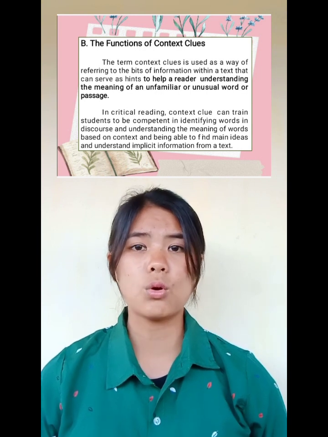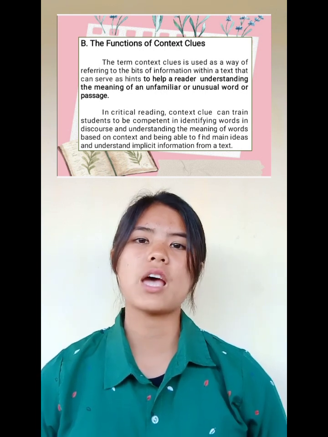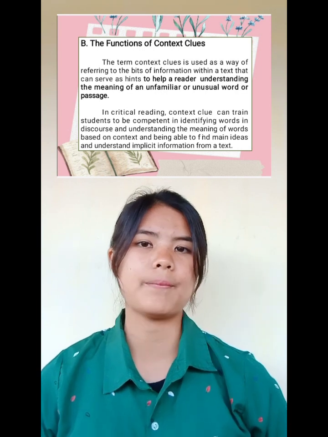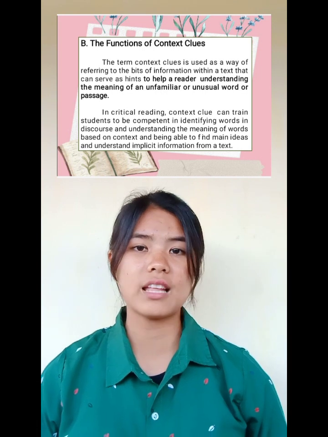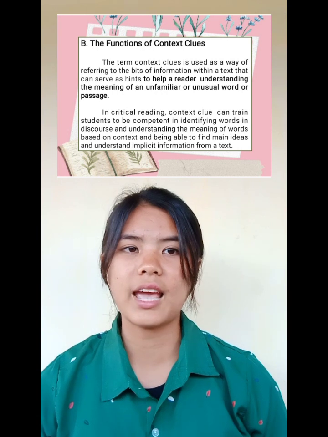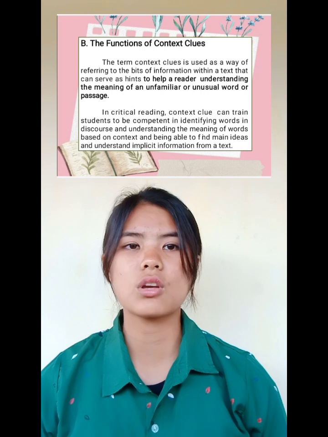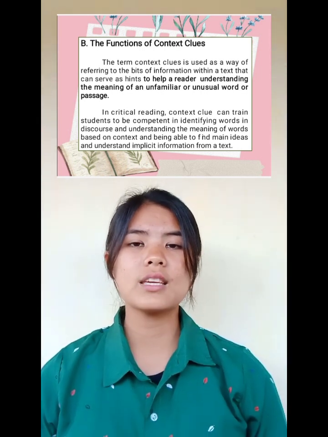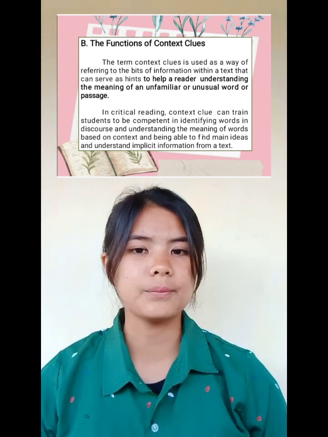When we read a book or a text, we may find an unfamiliar word. For example, in the sentence, the ants are tiny and usually nest between rocks in the south coast of England, we can find an unfamiliar word, that is tiny.